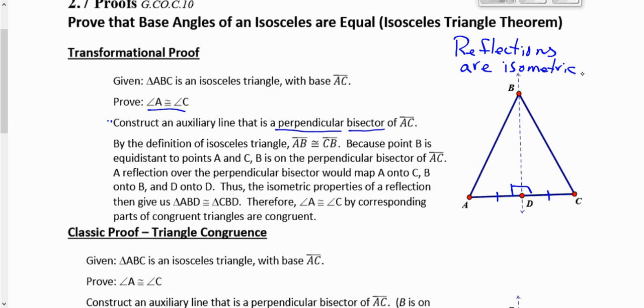If they reflect over this line, C will correspond with what? Angle A after the reflection, making C and A what? Congruent, because it's an isometric transformation. You see the connection there? So we use the thing we just learned.